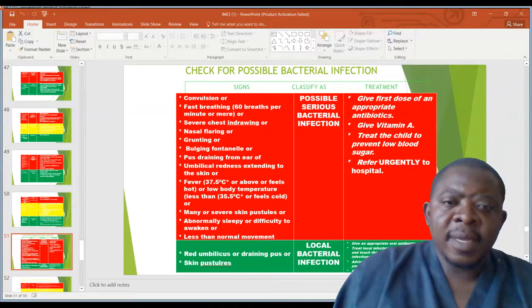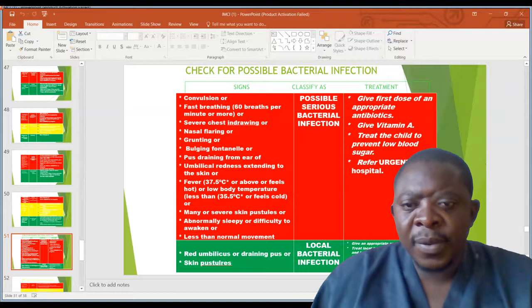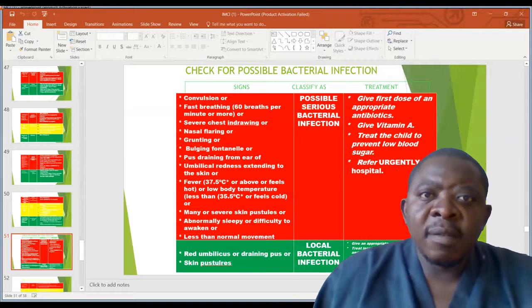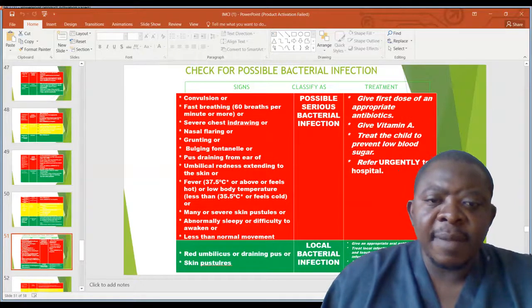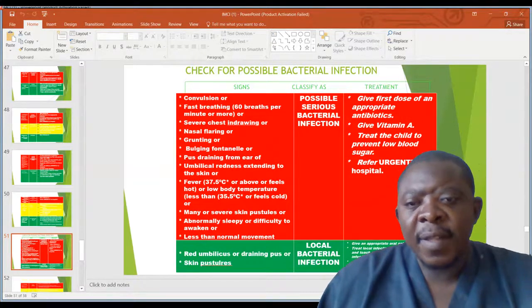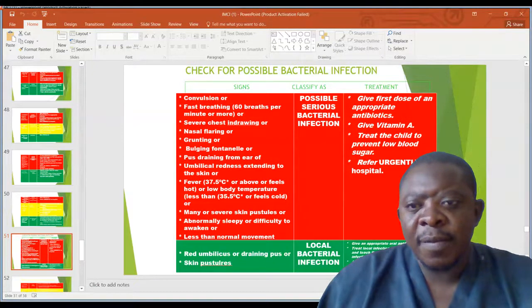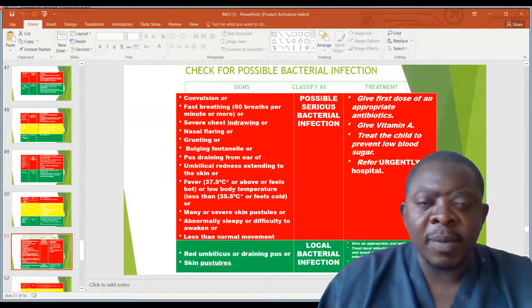Then for checking for possible bacterial infection, here there can be red umbilicus or draining pus or skin pustules. Here the classification will be local bacterial infection, give appropriate antibiotic cover.